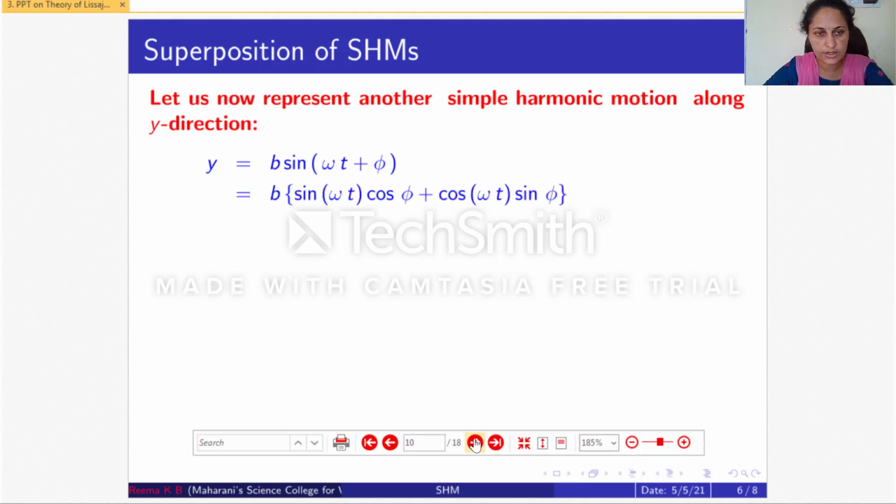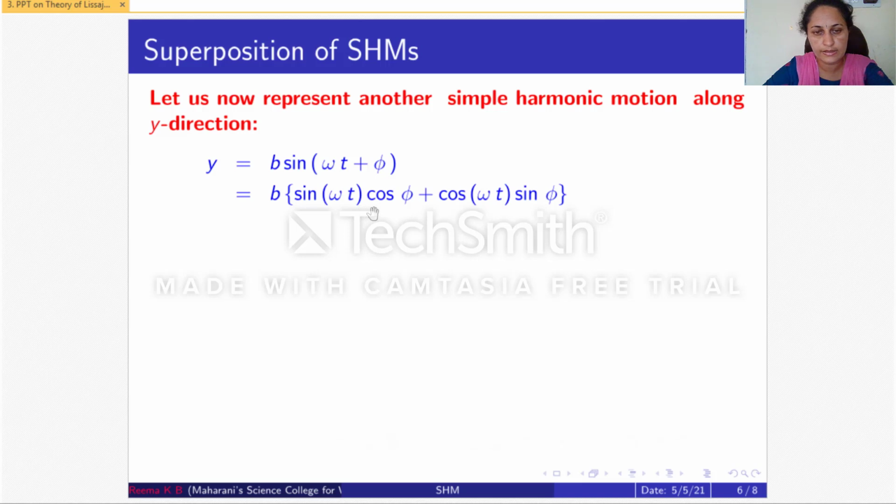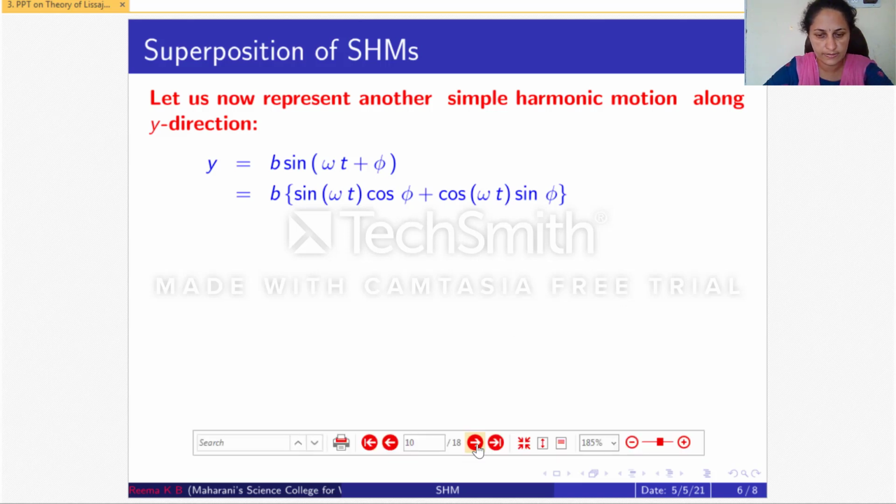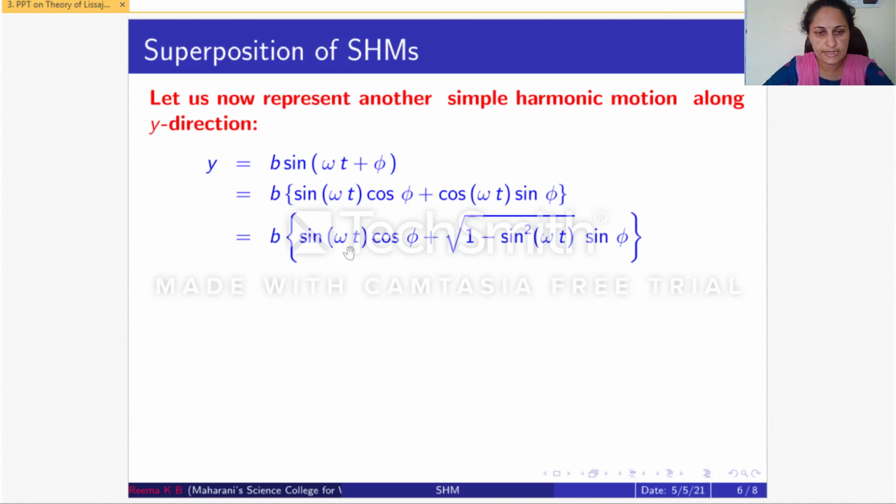Therefore, equation y can be expressed as b times sine omega t cos phi plus cos omega t sine phi, which is equal to b times sine omega t cos phi plus square root of 1 minus sine square omega t times sine phi. We know that sine square theta plus cos square theta is equal to 1. So I have rewritten cos omega t in this form.